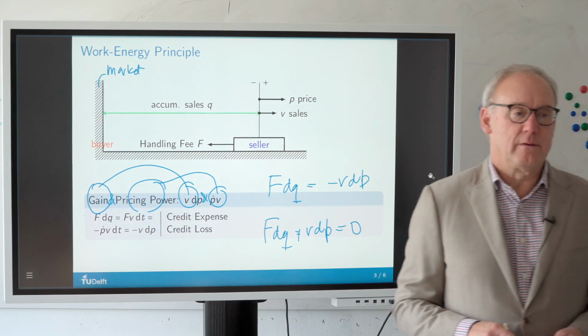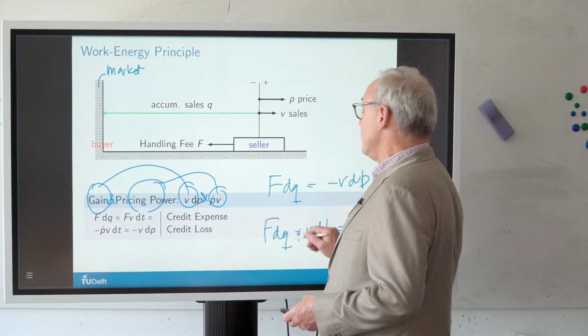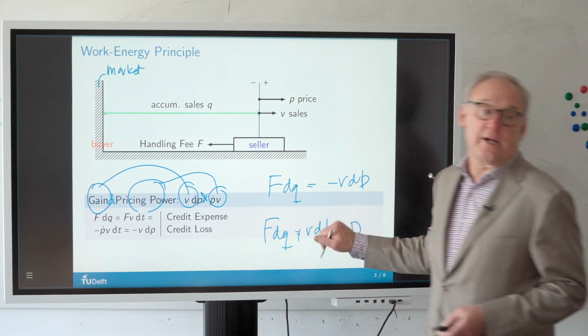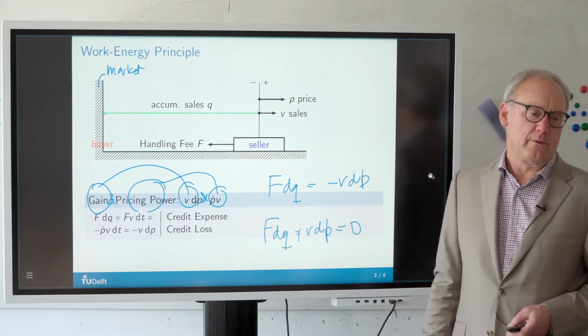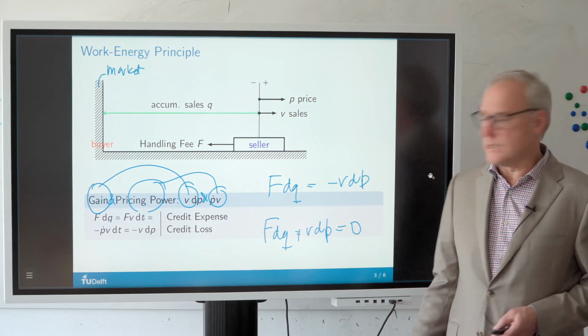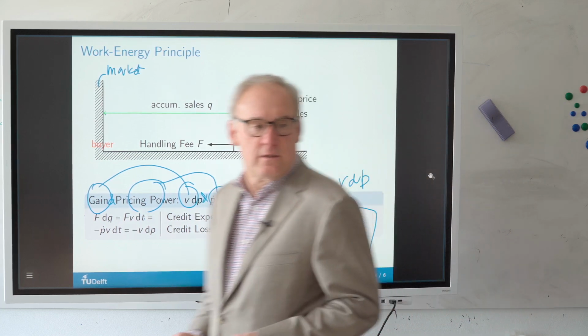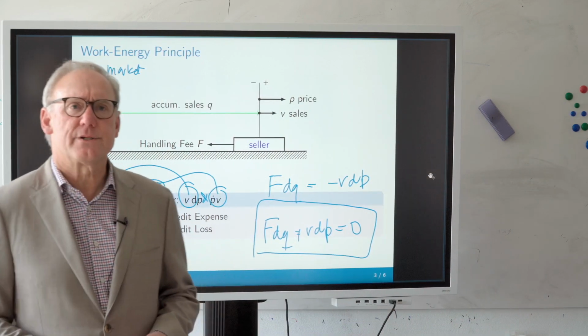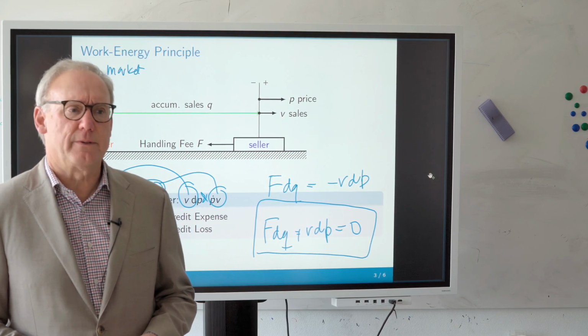So what you're saying is that your expenses are going to translate as a capital loss. All right? So there's no time component. What is this thing called, this equation, in mechanics? Does anybody know?